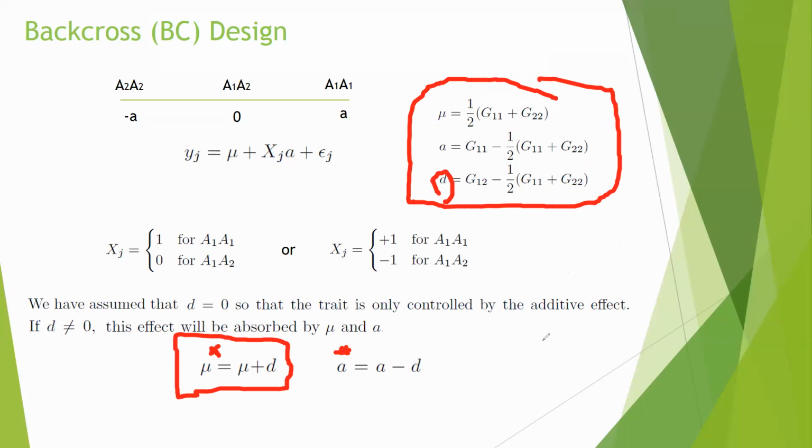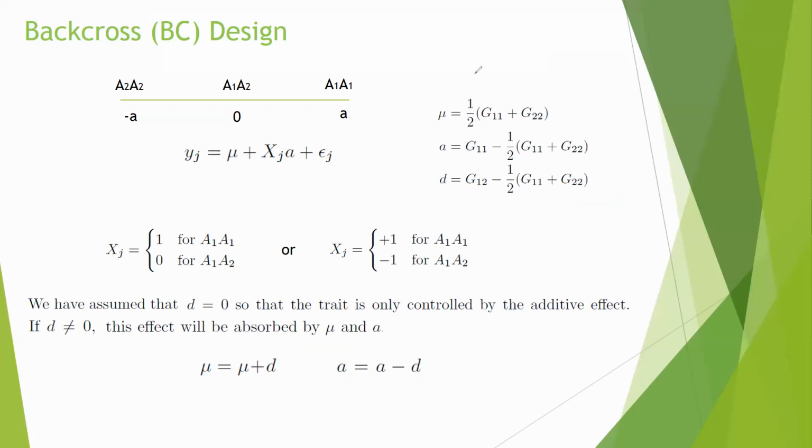I believe you have heard this concept, right? If something is confounded, you can never get a unique solution for some parameters. So this is why for backcross design, we have to assume the dominance effect equals 0.